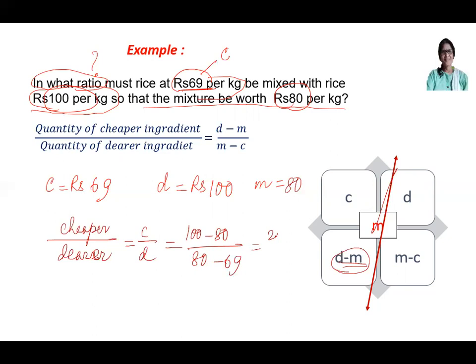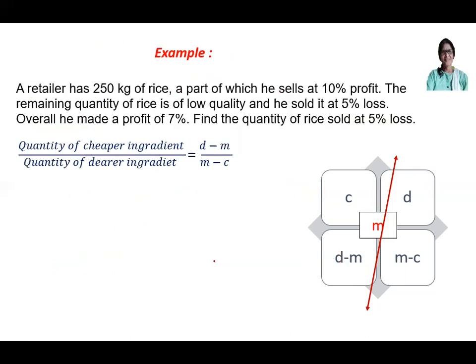So this will be 20 upon 11. So the ratio will be 20:11. The ratio of cheaper to dearer should be 20/11.